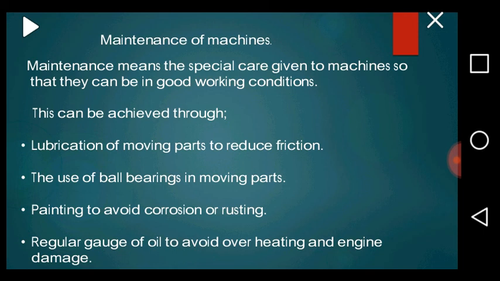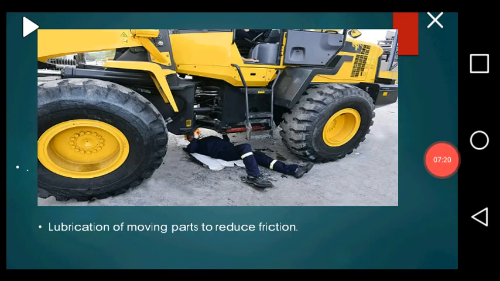And this can be achieved through the following means: 1. Lubricating the metal part of the machine can help to reduce friction, thereby avoiding the wearing and tearing of the parts of the machine. 2.